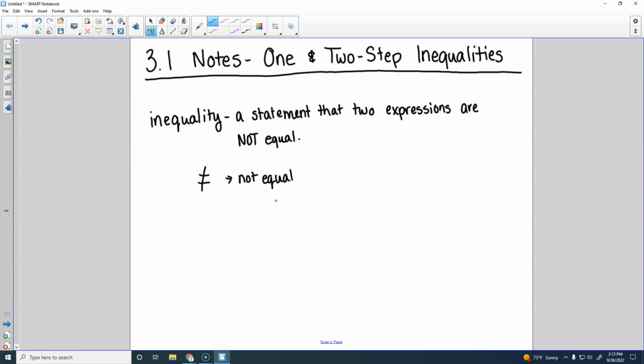The ones we're going to see most often are this symbol. What's that one mean? Greater than. This symbol. That one is less than. This symbol right here, what's that one? Greater than or equal to.